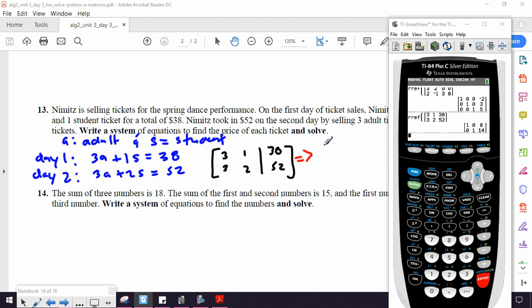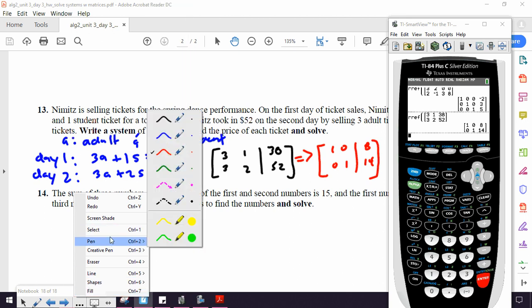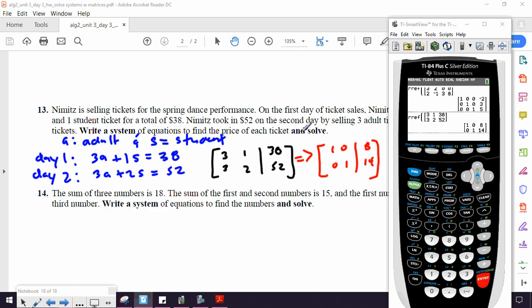So my outcome is 1, 0, 8, 0, 1, 14. So again, if A comes first in your equations, it comes first in your output, and S comes second, which is a little interesting because it's saying that student tickets are more expensive than adult tickets.